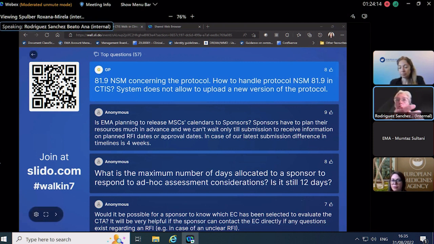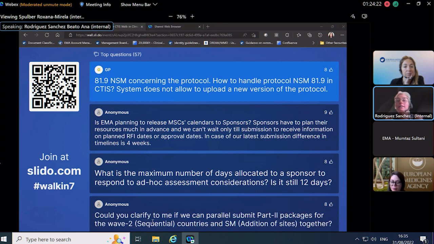So therefore, in the meantime, if that is not feasible, my advice is that perhaps you should liaise with the member states, and it's true that this is an Article 81.9, which is relevant and important.